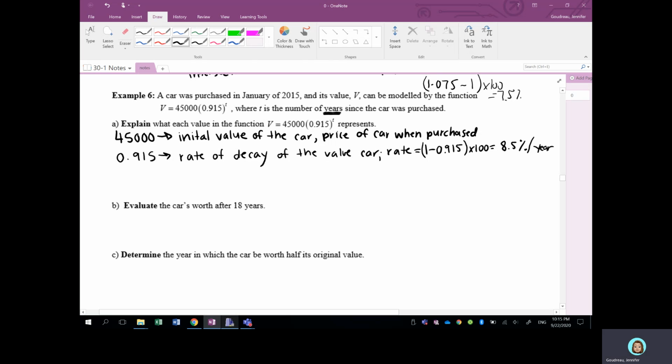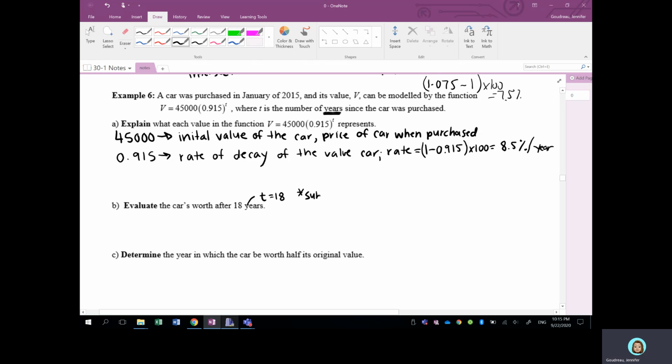So that's part A. Explain what each value represents, going back to the context of the problem every time. Part B, evaluate the car's worth after 18 years. We are given a T value, and again, we have two choices.